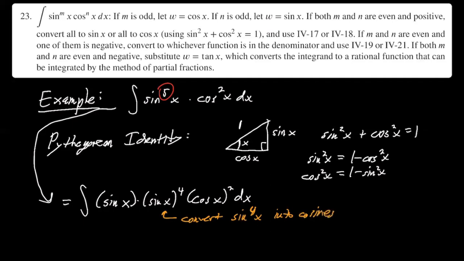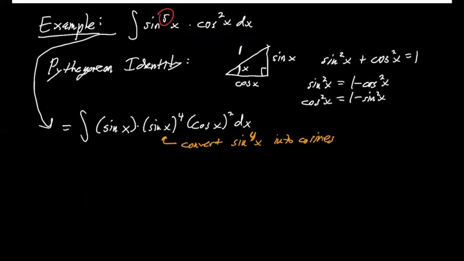As follows, right? So how do we do that? Well, sine to the fourth of x is really like sine squared squared. So sine to the fourth of x is sine squared of x squared, which is 1 minus cosine squared x quantity squared, right?